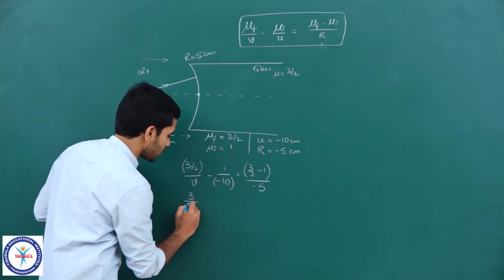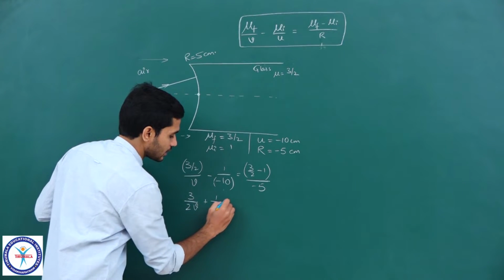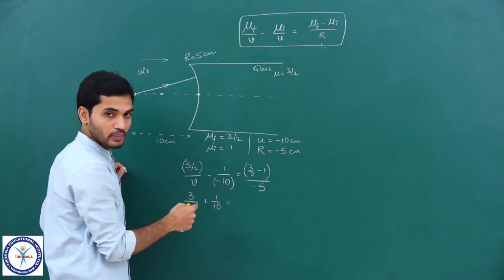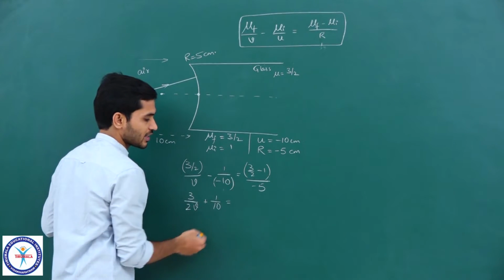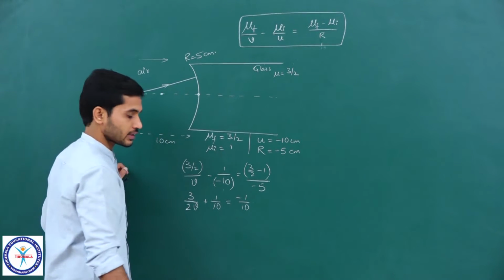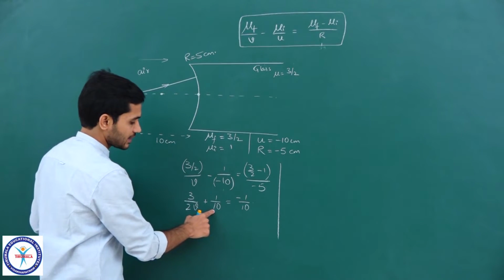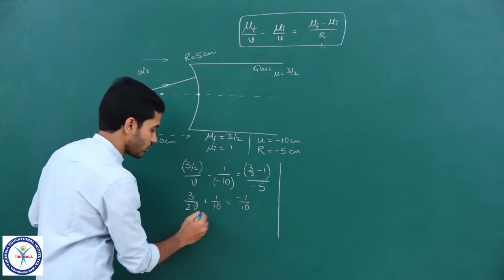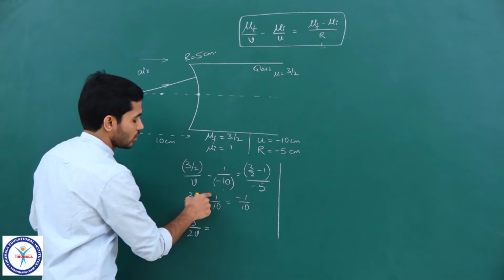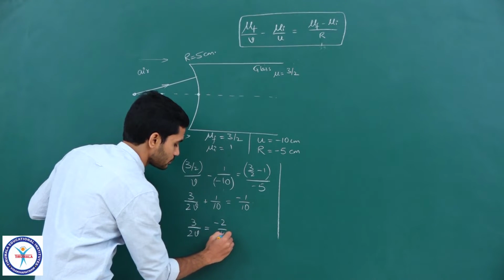So, I will be getting 3 by 2v, sorry, this becomes plus 1 by 10, is equal to 3 by 2 minus 1, which is 1 by 2, and 1 by 2 divided by minus 5 is how much? Minus 1 by 10, correct. Now, simplifying this further, if I send this 1 by 10 to the other side, I would be getting 3 by 2v is equal to 1 by 10 minus 1 by 10... so it becomes minus 2 by 10.